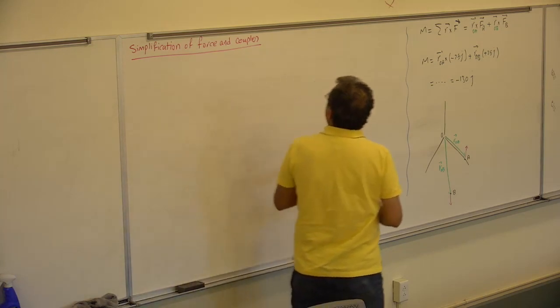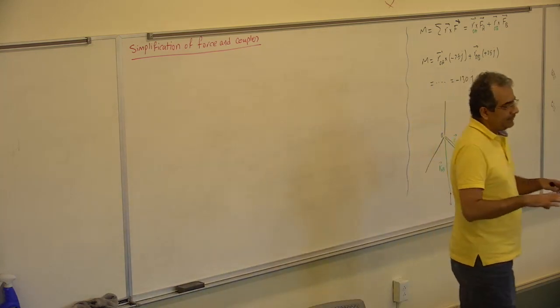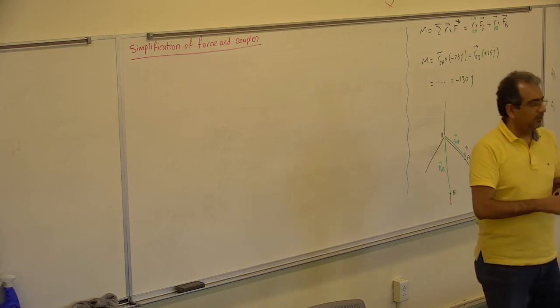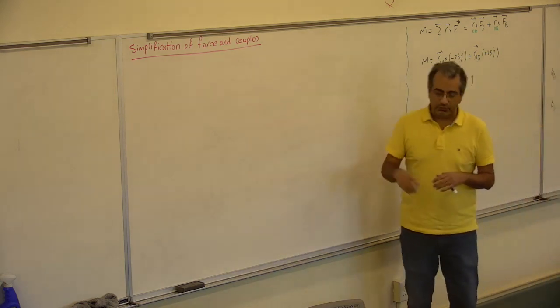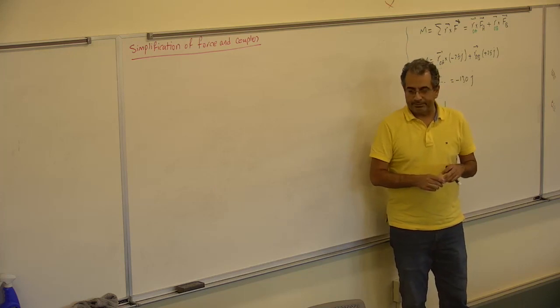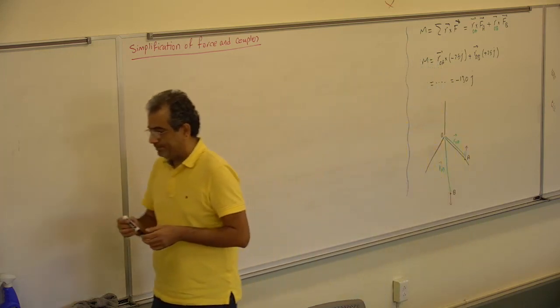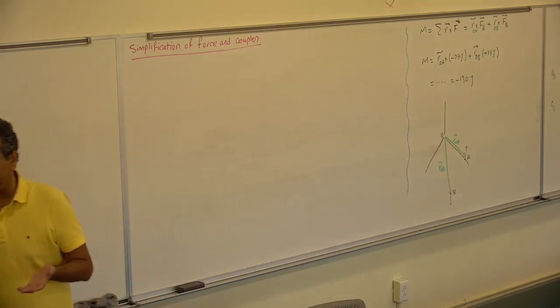Next part, we're going to talk about if you have a system of forces and moments, how we can simplify them. This is one of the things we are going to use when we get to the strengths of material. So there are a couple of rules that we're going to look at.